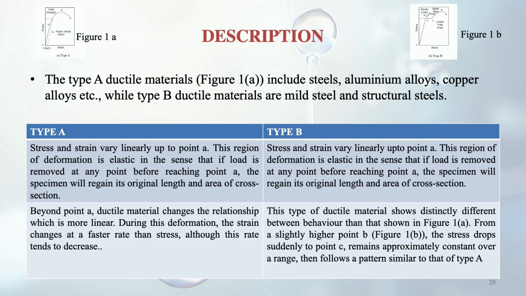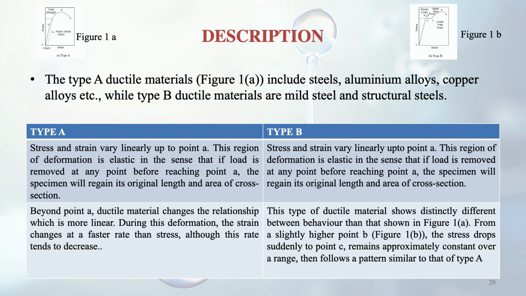And this is happening for both the materials. Now what happens in type A after point A in the figure? Beyond point A, ductile material changes the relationship, which is no longer linear. During this deformation, the strain changes at a faster rate than stress, although this rate tends to decrease. This is for the type A of material.